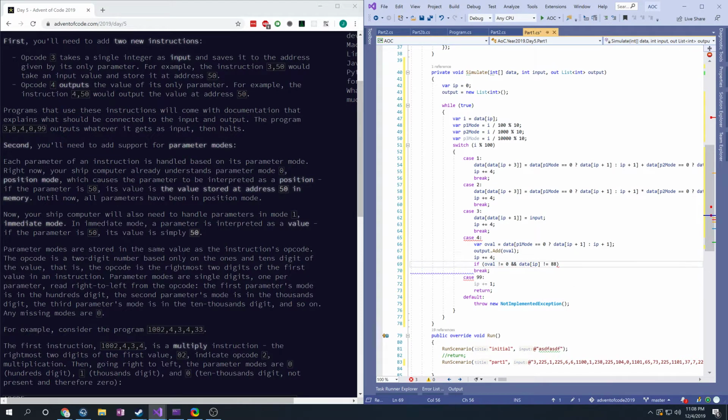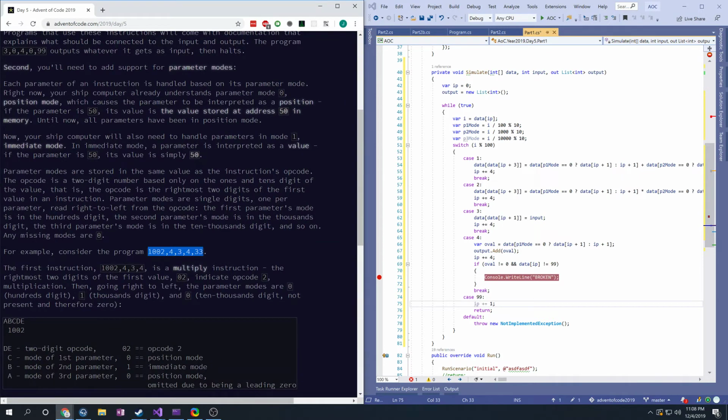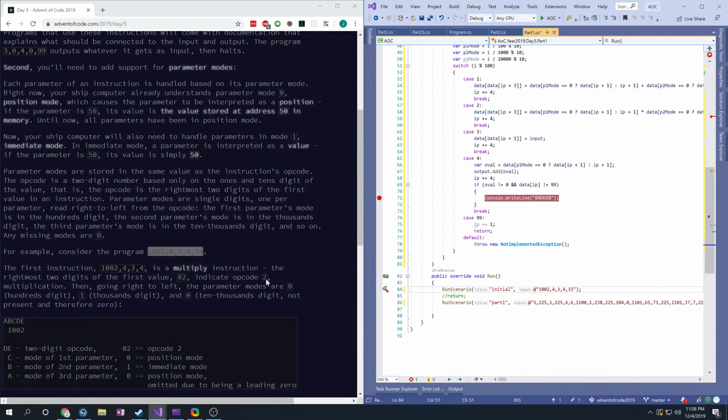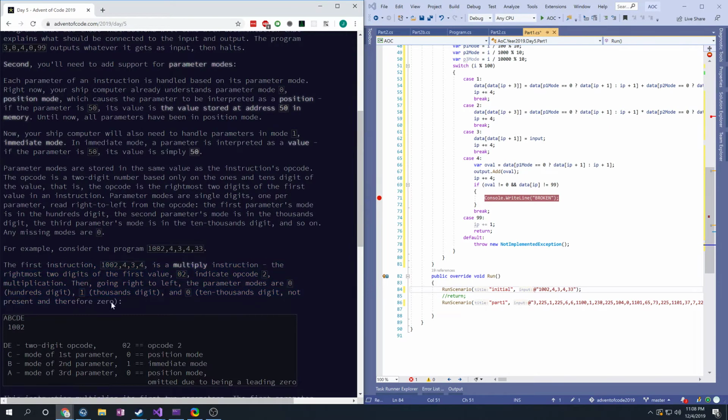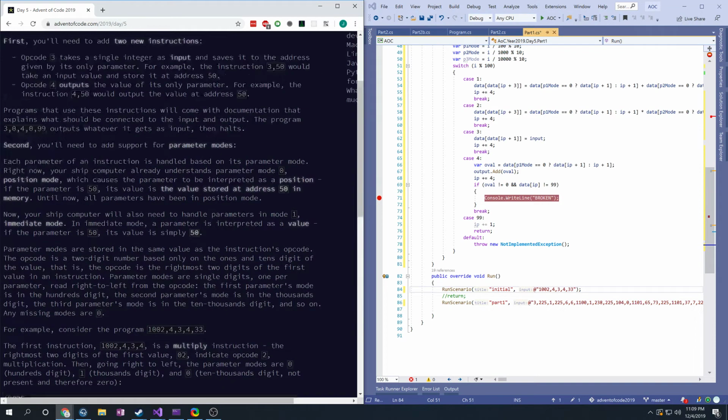Breakpoint there. The section writes to will never be in immediate mode.